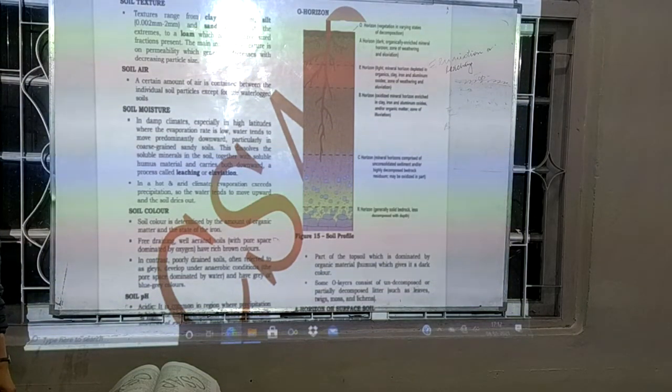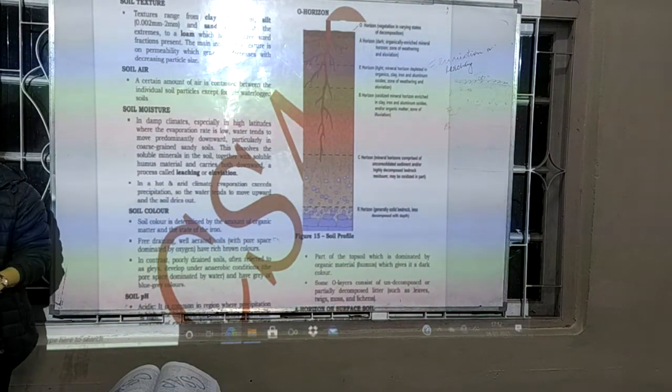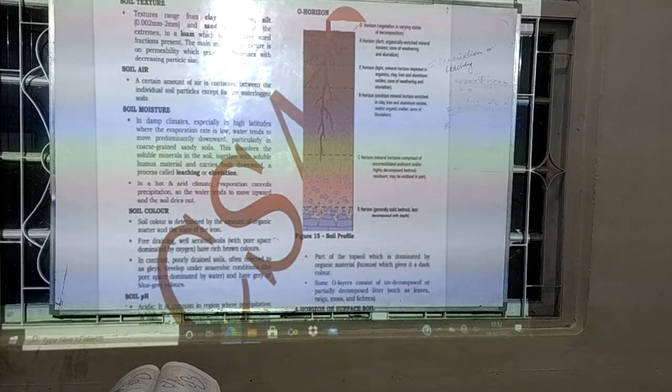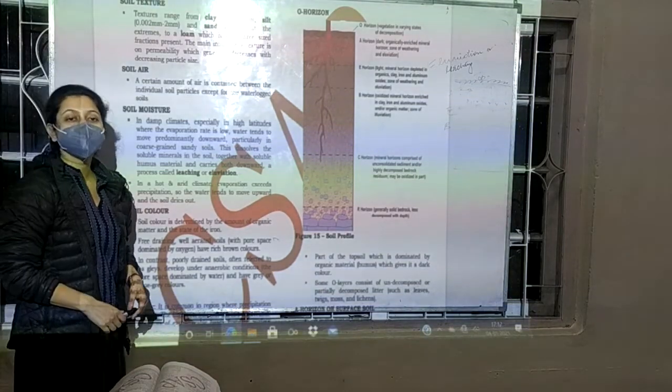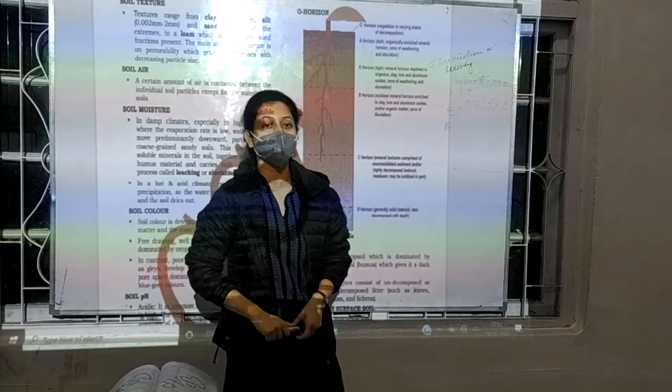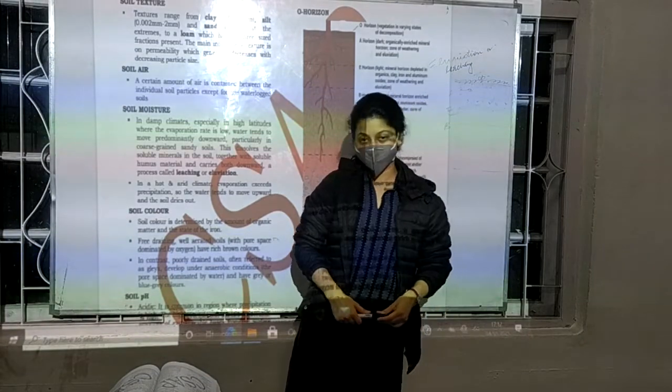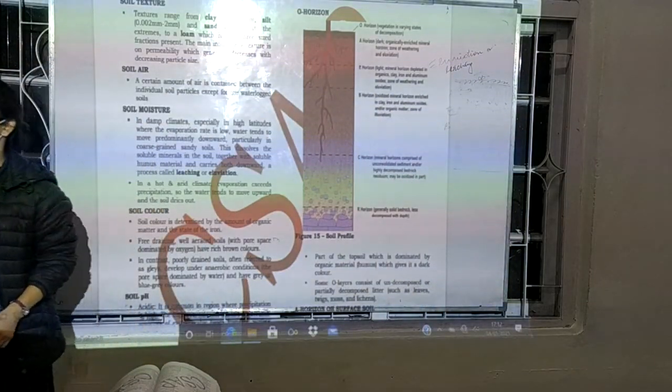Just read this: in damp climates, especially in high latitudes where the evaporation rate is low, water tends to move downward, particularly in coarse-grained sandy soils. This dissolves the soluble minerals and carries them downward, a process called leaching or alluviation. So what is alluviation? It is the downward movement of soluble minerals in the soil.